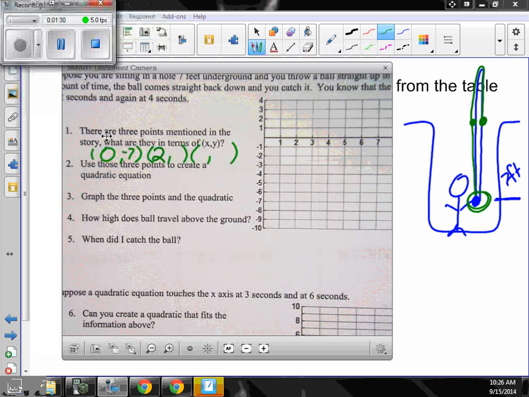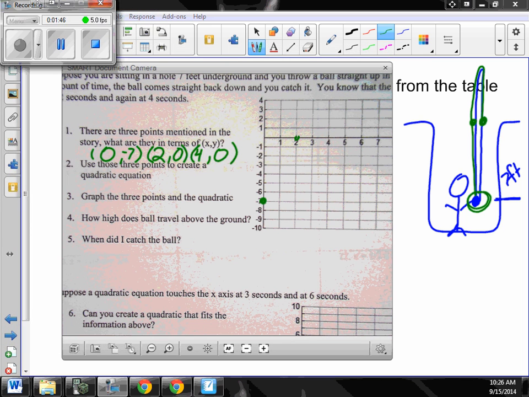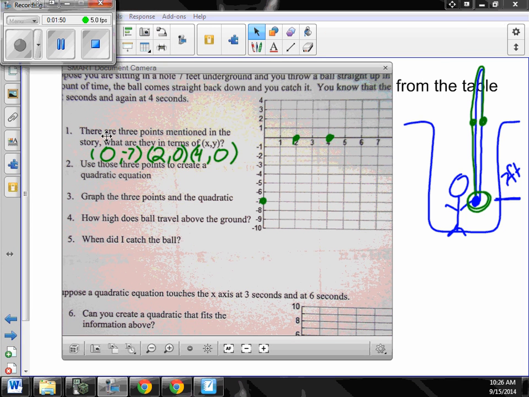So 2, 0. And then what's the third point we know? 4, 0. So I'm going to graph 0, -7, 2, 0, and 4, 0. And I'm not going to draw the curve yet because I don't know how high it goes.